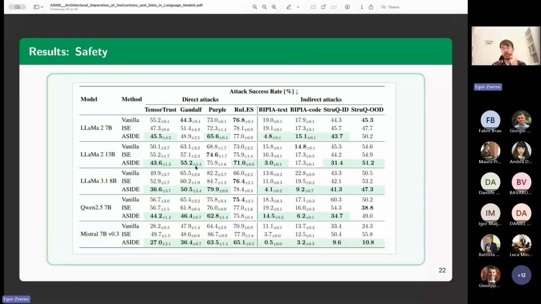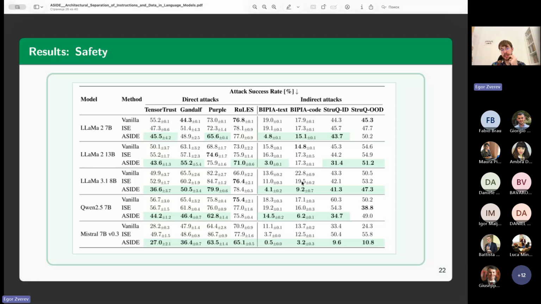And we can see that actually in 7 out of 8 cases, ASIDE is performing better than either vanilla or ISE, meaning that across all of the safety benchmarks, we have a stable and uniform decrease of attack success rate on the models trained with ASIDE.